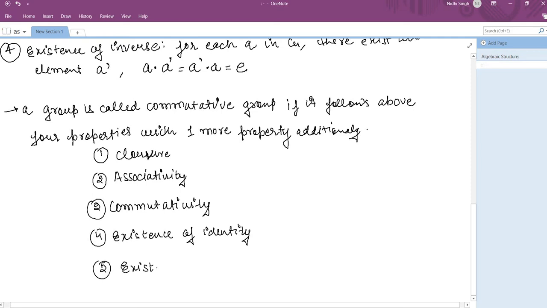If these five properties are satisfied, then we can say our group is a commutative group.